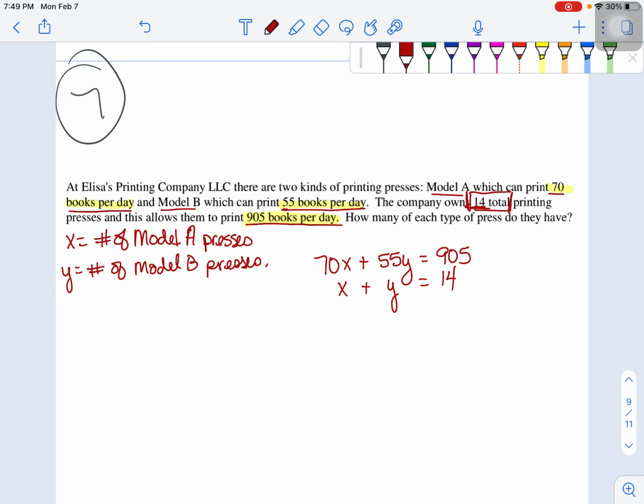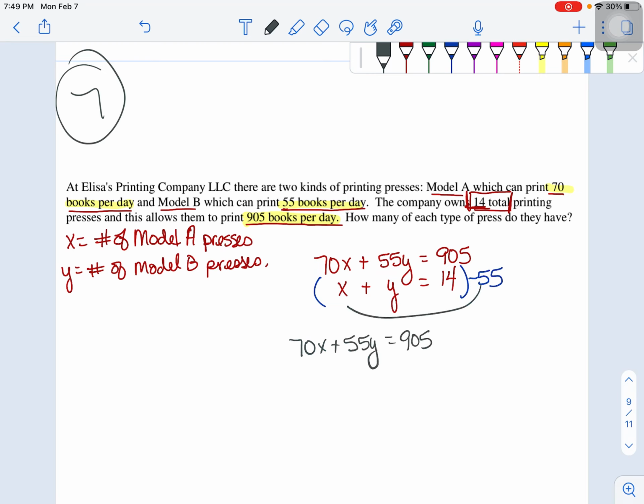So now we need to get one of these eliminated. I'm going to eliminate the y's. I'm going to multiply this by -55 because I have a positive 55 right up here, and I want this to be -55, so they will eliminate. So I'm going to recopy my top line just as it is.